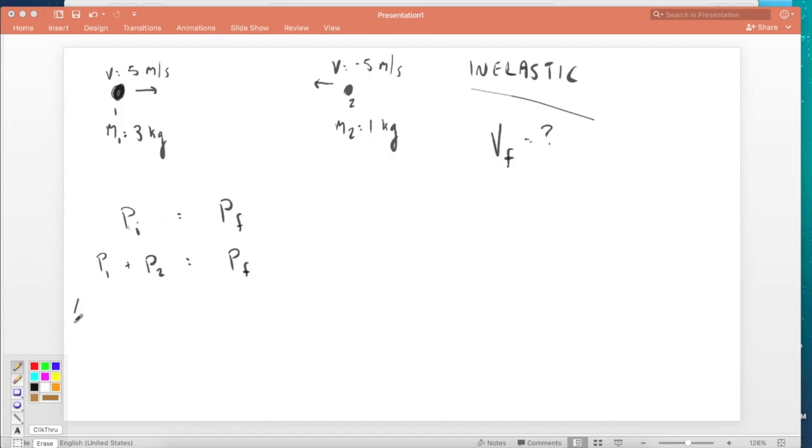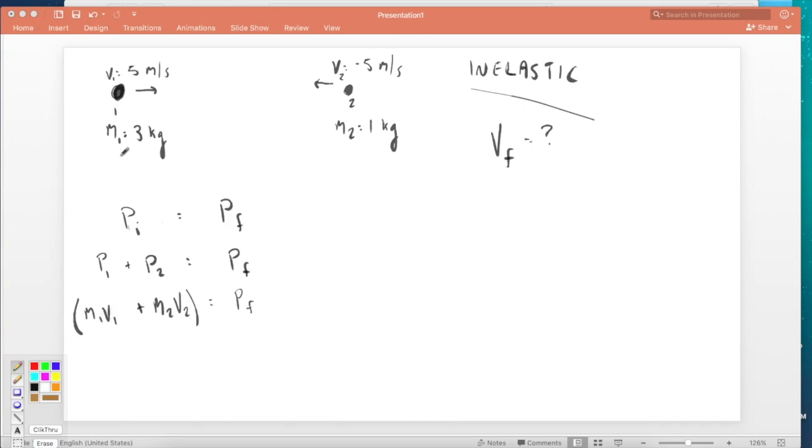I know that the momentum of object 1 is mass times velocity, m1 v1, plus m2 v2, the mass times the velocity for the second object. So very simple. I'm just using the mathematical definition of momentum, and that gives me the initial momentum before the collision. And because momentum cannot go away, it's a conserved quantity, that's got to equal the momentum after the collision.